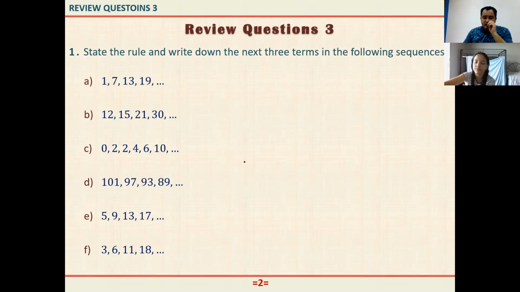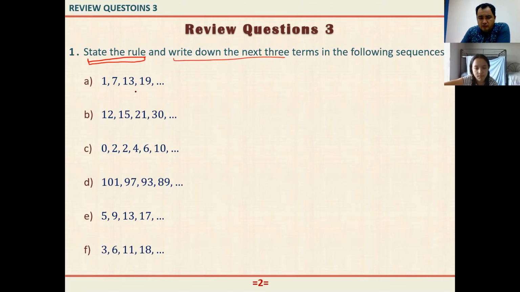So here in this question it says, state the rule and write down the next 3 terms. Once we are able to state the rule, then we can write any number of terms, right? So first you have to state the rule.